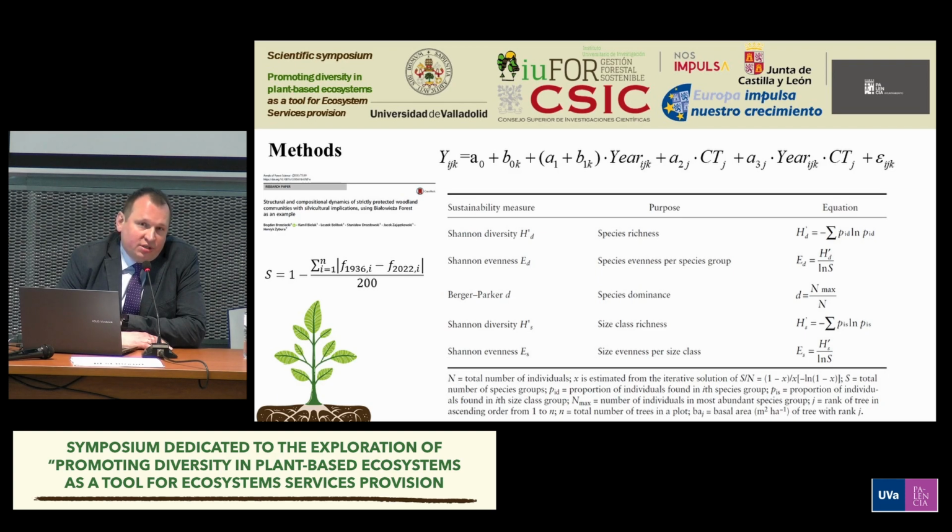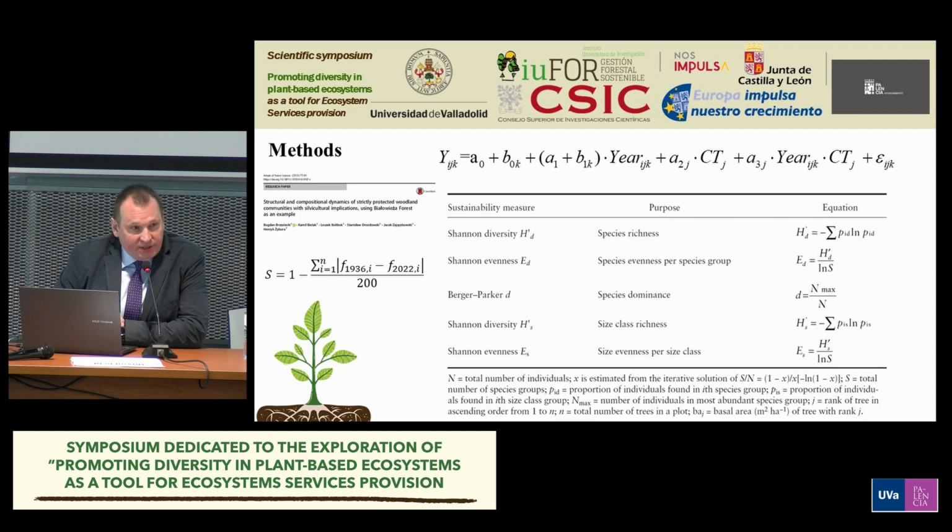We addressed the standing growing density by means of tree density and basal area, the productivity, the growth by basal area and mortality by basal area, carbon content, and then the species diversity by means of standard Shannon and evenness indices, and structural size diversity also by Shannon and evenness.